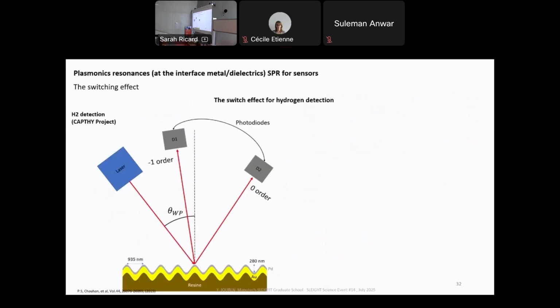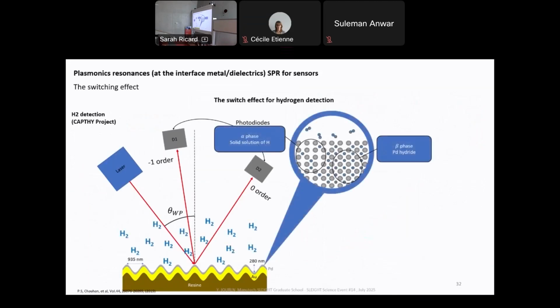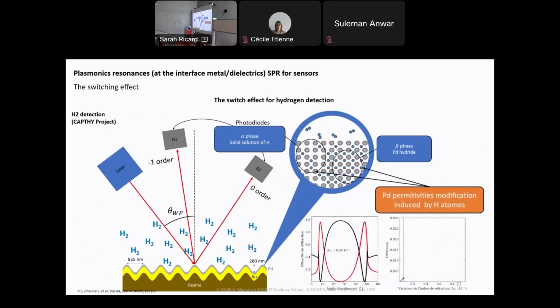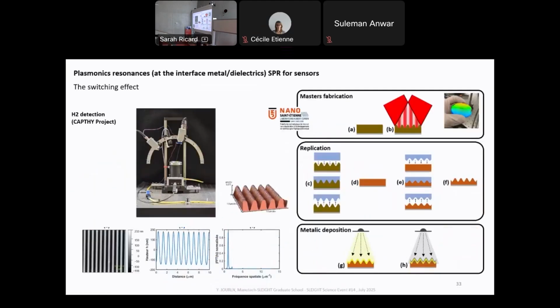So, okay, we continued and developed a sensor for hydrogen detection. It is the CAPTI project using a palladium layer. It's well known. The interaction between hydrogen and the palladium layer will make the layer change to a hydride phase, and it will change the permittivity. Okay, just a few words about the fabrication.